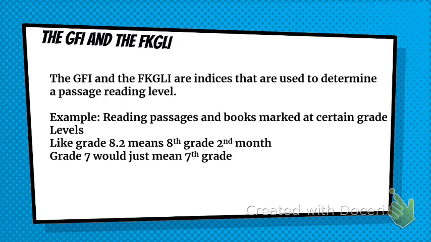Grade 7 would just mean 7th grade. A grade of 16 would be like a senior in college. Grade 0 would be kindergarten, grade 1 would be first grade, and so on and so forth.